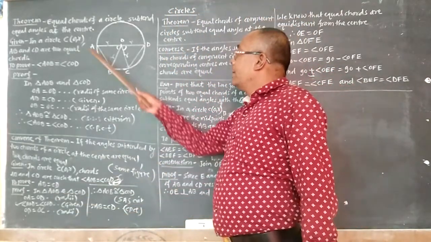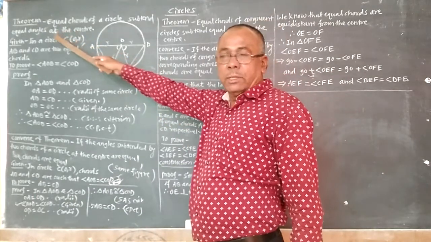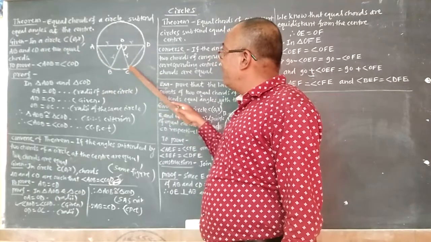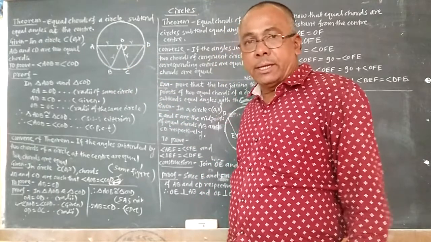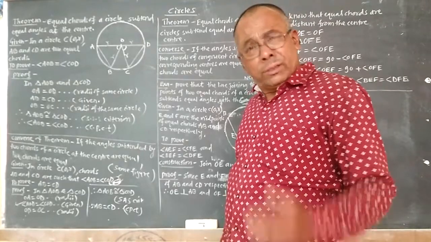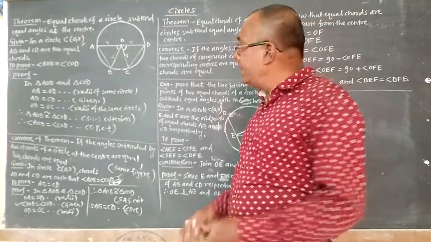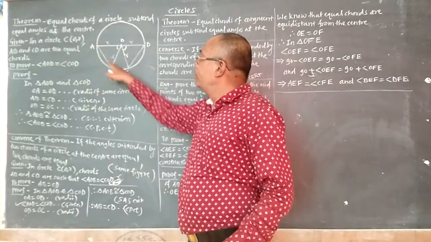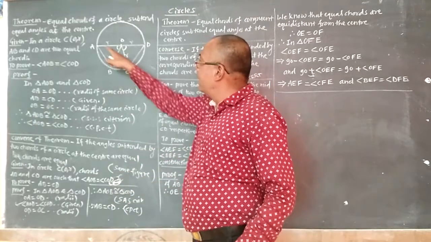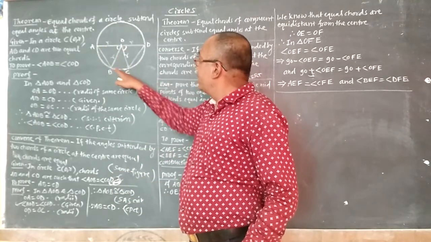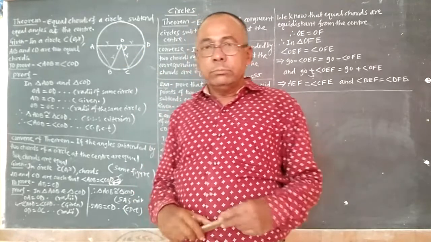Here AB and CD are the two equal chords, means chord AB equal to chord CD, length of both the chords are equal. Then we have to prove that the angle subtended by the endpoints of these chords with the center, that is angle AOB equal to angle COD.